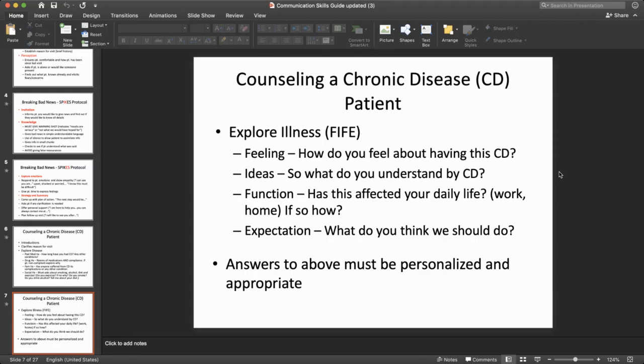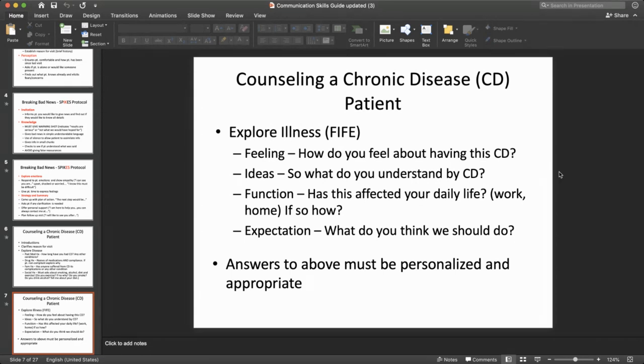The second E speaks to expectations. So don't assume that what you're going to counsel them about is what the patient expects. So what we generally ask here is, what are the expectations arising out of our consultation here today? Is there anything specifically I can assist you with?